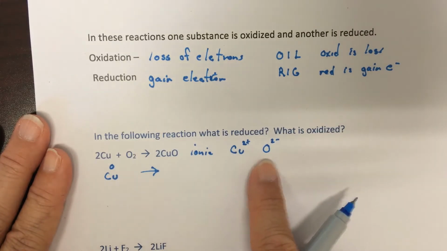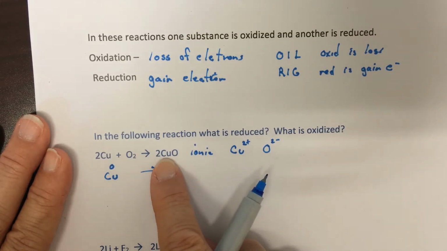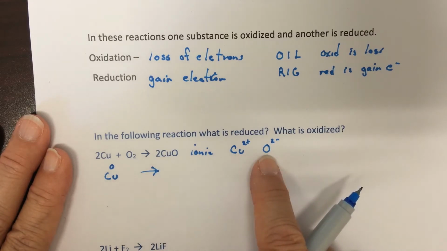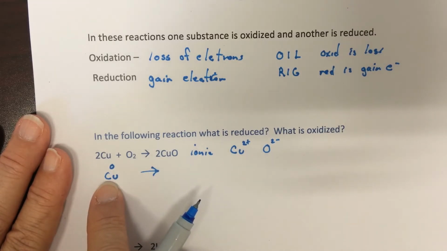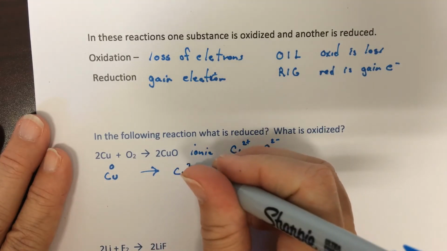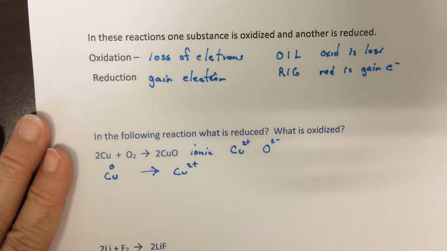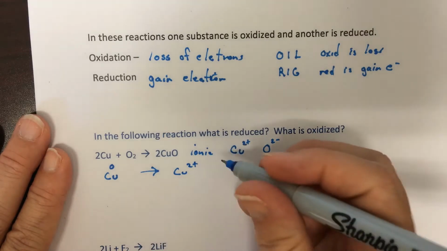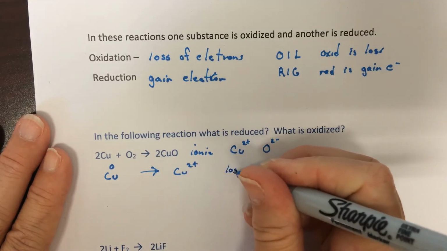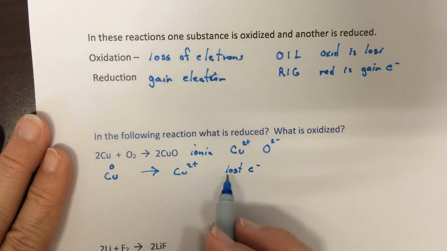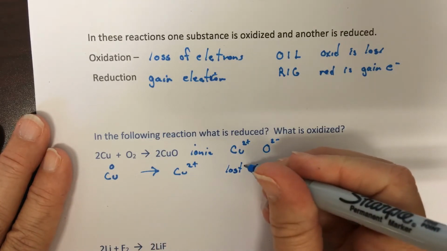Because it's a metal and a nonmetal, I know it's ionic, and we've got these charges. So we have something with no charge, and it's going to become positively charged. Make that copper ion. So we can say that it has lost electrons. That's how it got a positive charge. It had to lose 2 electrons, actually.